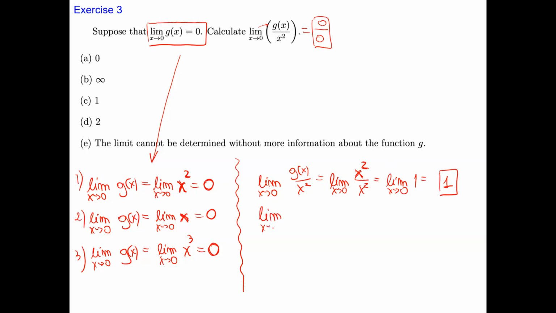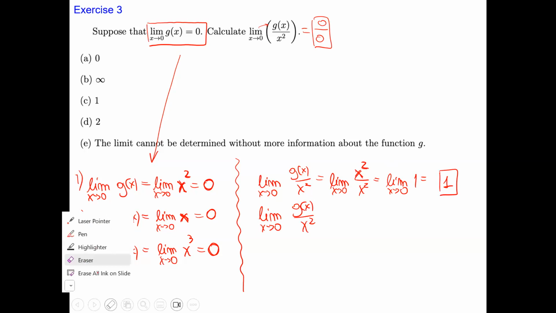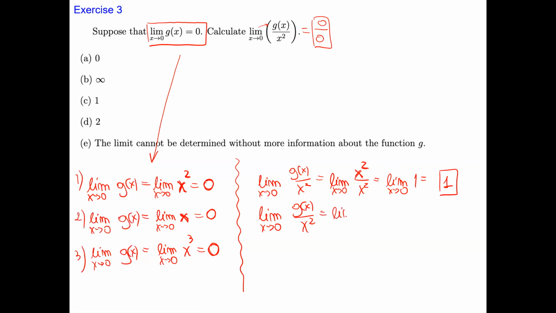Let's check this. The limit as x goes to 0 of g of x over x squared. What happens if g of x is x? Then what happens? 1 over x.